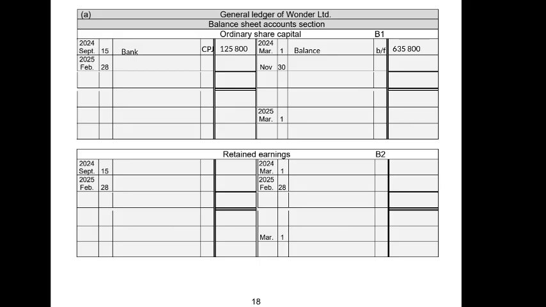Once again, this amount was calculated by taking the 37,000 shares that we're repurchasing times the average share price of R3.40. Then on November the 30th, we issued a further 200,000 shares at R4.50. So we will go to our cash receipts journal. We will write bank.